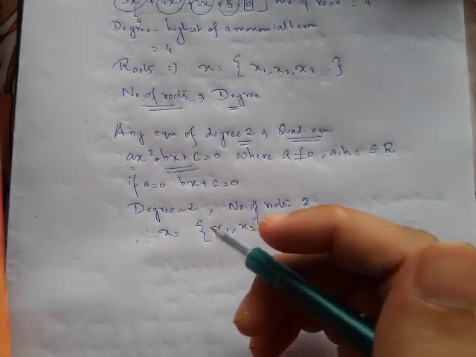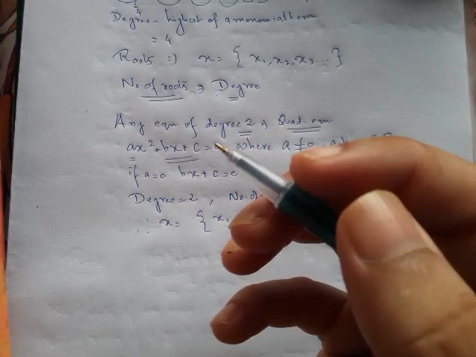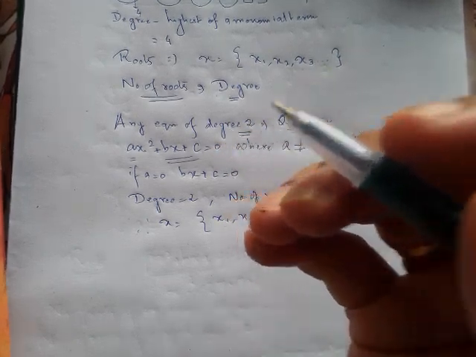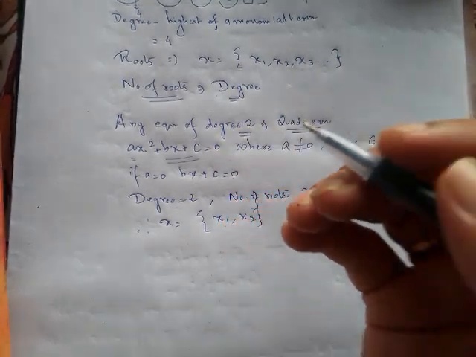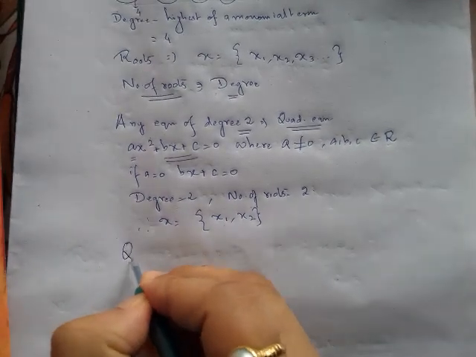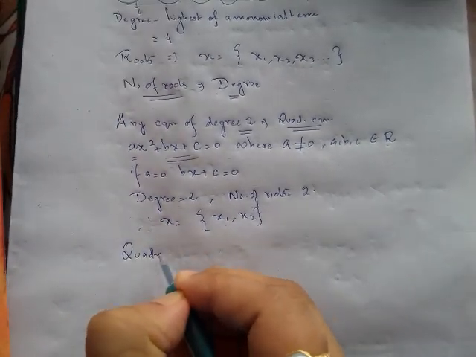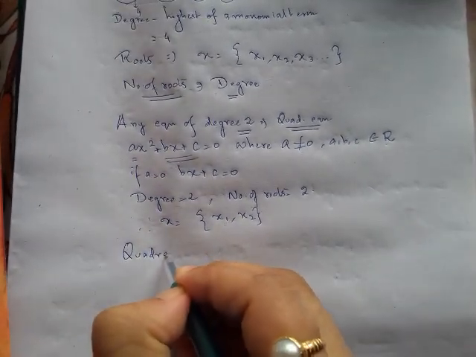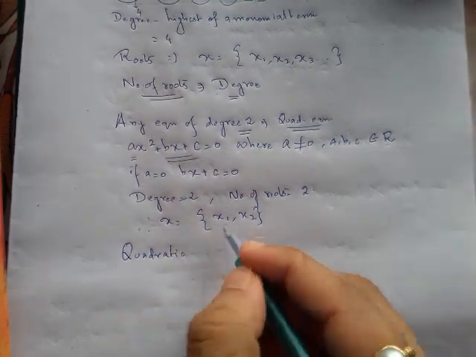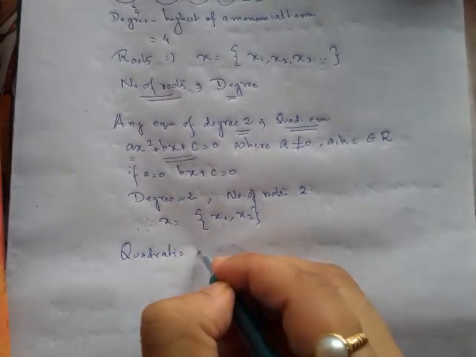They are called roots. Now every equation has a geometrical representation. Quadratic equation represents a parabola. We will discuss about it in detail when we will study parabola or conics.